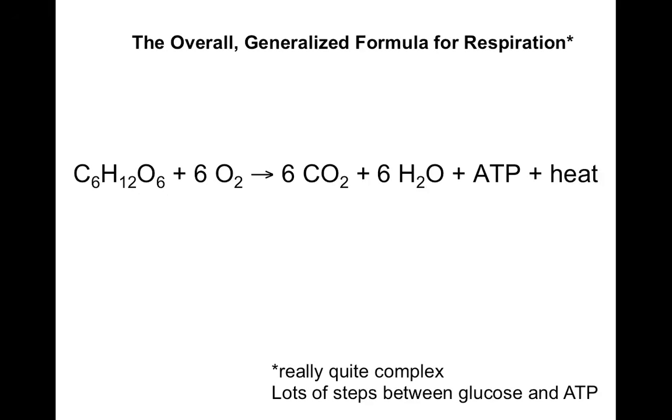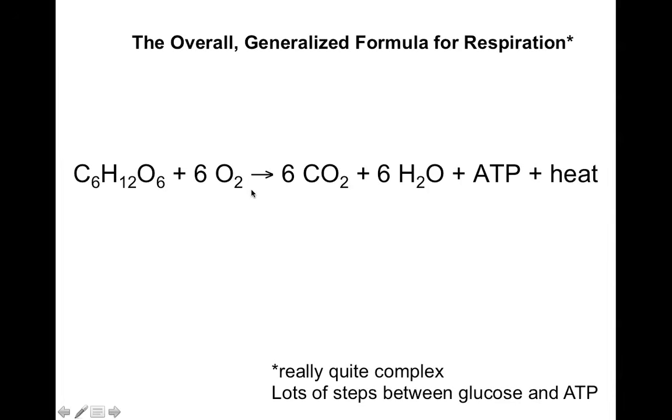So we can boil down aerobic respiration to a very simple formula. Pretty simple here. So we've got carbohydrates like glucose that we know is C6H12O6. And we can take oxygen and we can produce carbon dioxide, water, ATP, and because it's not entirely efficient, some heat is produced as well.